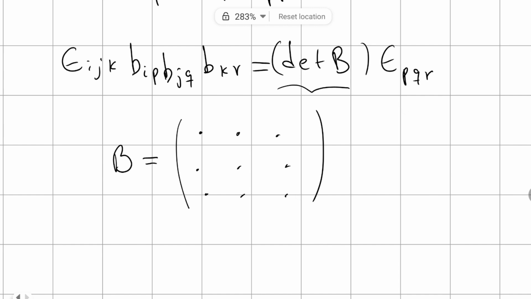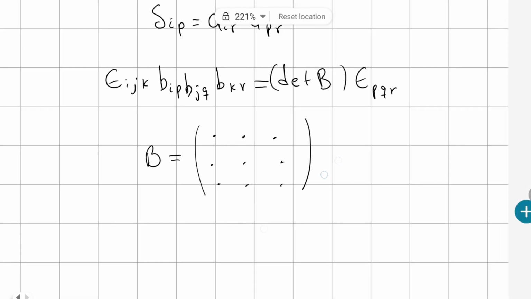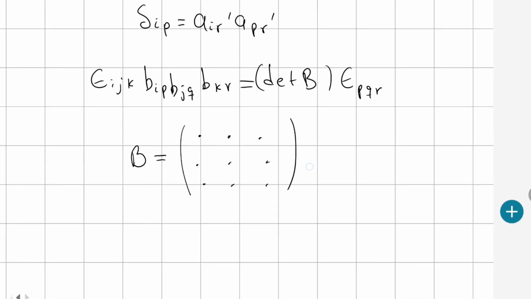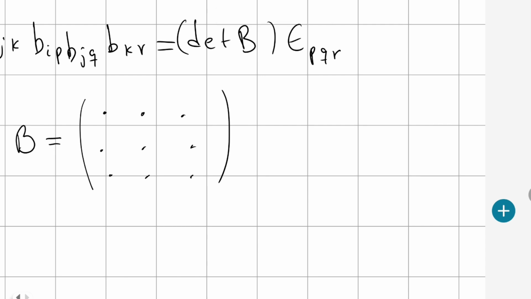Of course, this is not a rigorous demonstration of this formula. It's just a quick overview to understand what this formula means. Since we have been working with orthogonal matrices, we know that for an orthogonal matrix, B transpose is equal to B inverse.